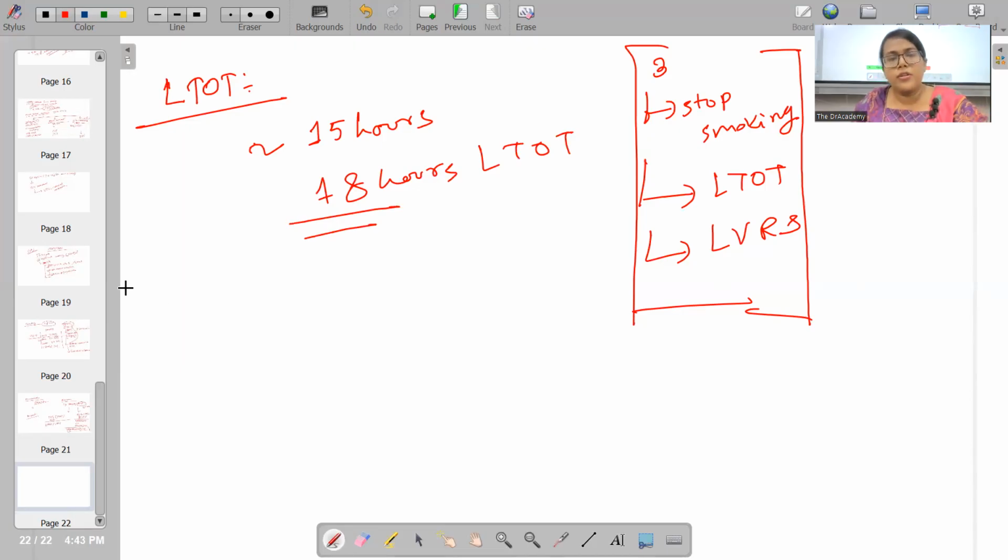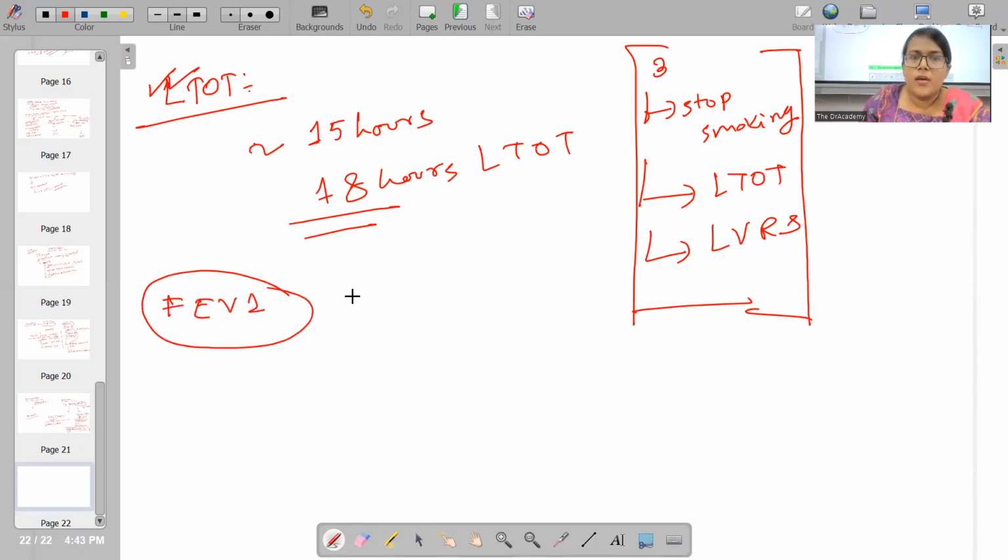Okay. Number 2 important information is, before considering a patient for LTOT, you should assess the patient's FEV1. So if the patient's FEV1 is less than 30%, which indicates the patient is having severe, very severe COPD, okay, in that case, no other thing to consider, you can go for the LTOT.